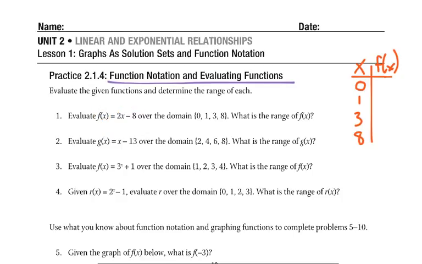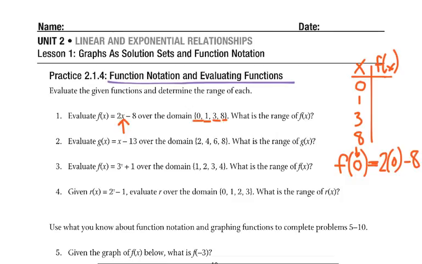Typically when we're evaluating, we take those input numbers, so f of, and we replace the x with the number we want to put in, so f of 0. Every time there's that same variable in our equation, we replace it with what's inside the parentheses.